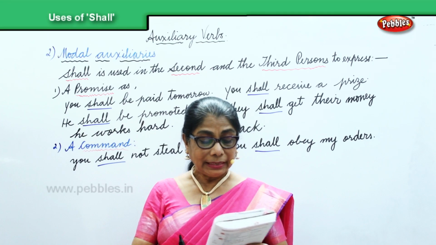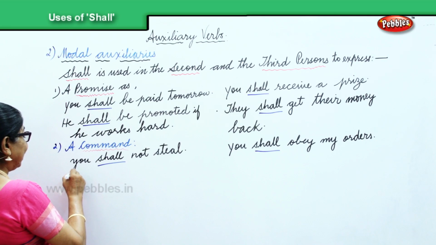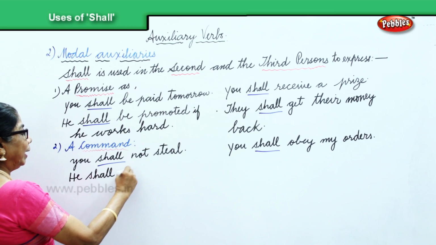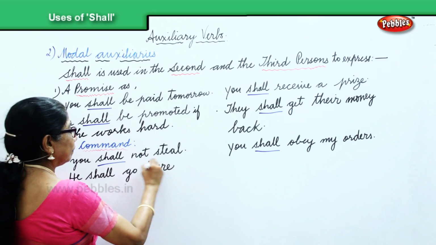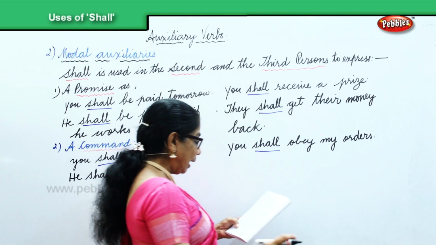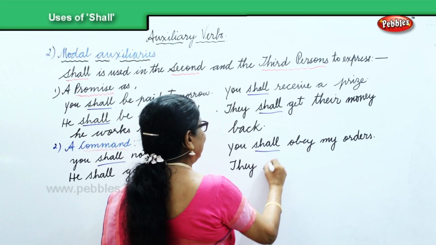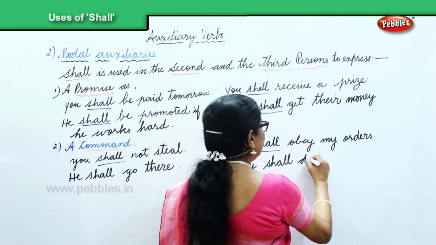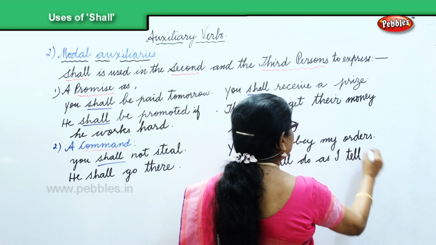Then we have, he shall go there. Being commanding, he shall go there. And then you have, they shall do as I tell them. They shall do as I tell them.